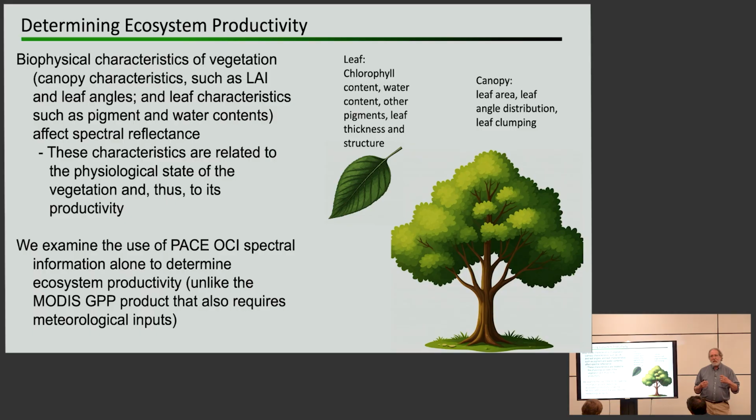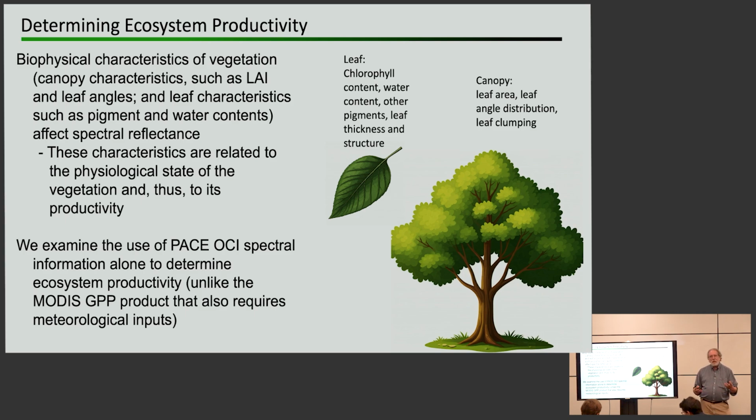And then there are other characteristics involving chlorophyll content and these other pigments, which relate to how much potential photosynthesis there is, and photosynthetic downregulation. All of those physiological factors also affect both the spectral reflectance and the productivity of the plant. So we have a conceptual idea that we can link spectral reflectance and productivity.